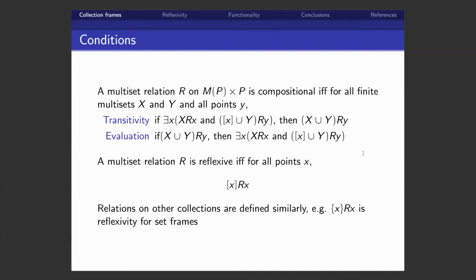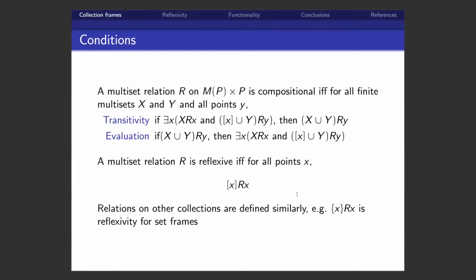And then we have this other condition, reflexivity. A multiset relation is reflexive just in case for all points, the singleton of that point relates to that point. And that is the multiset version of compositionality. You can get relations on other collections defined similarly, replacing the multiset stuff with set stuff or list stuff.